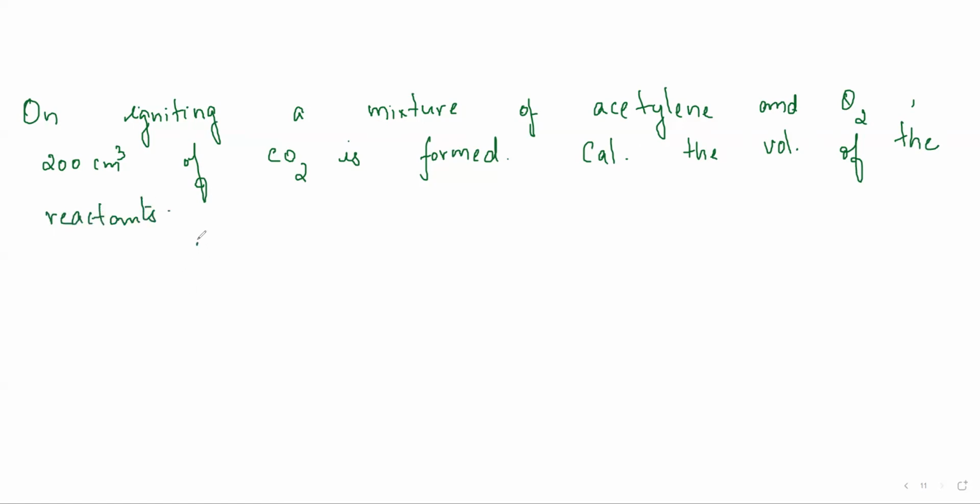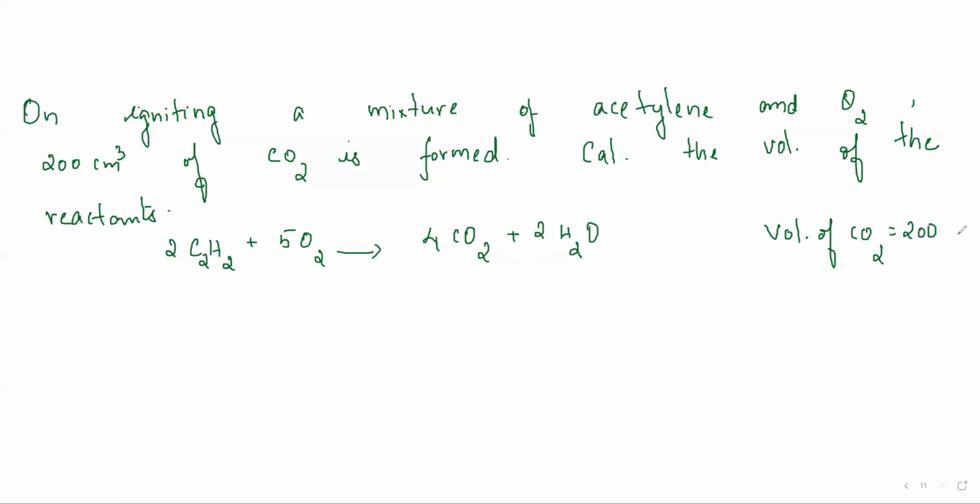So the equation is 2C2H2 plus 5O2 gives you 4CO2 plus 2H2O. Now, it is told to us that the volume of carbon dioxide is 200 centimeter cube.